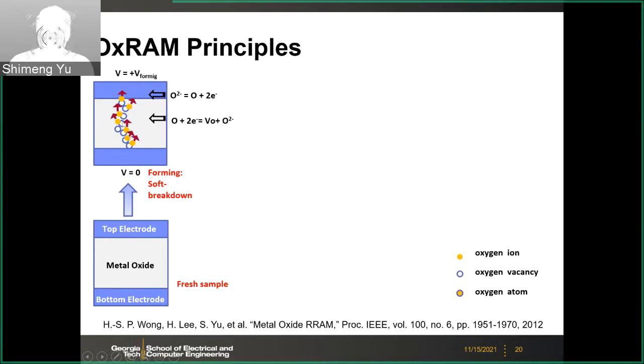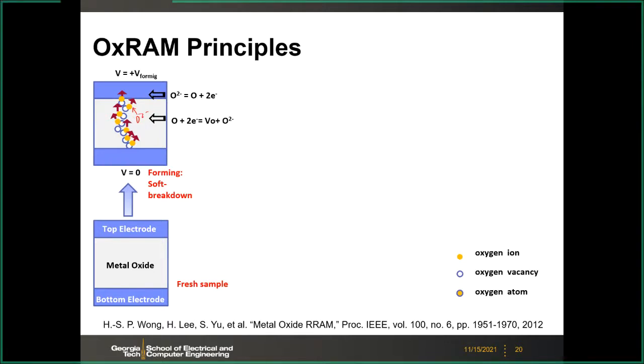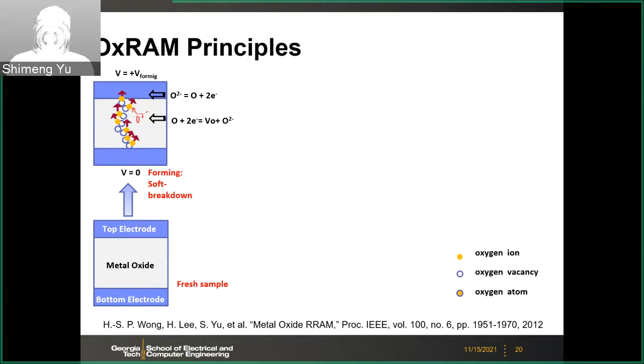So oxygen will become ionized, become oxygen ion, which is O2-, and the oxygen ions, those yellow dots here, will migrate towards the positively biased top electrode. And what is left behind is the circle, and the circle is oxygen vacancy, VO.